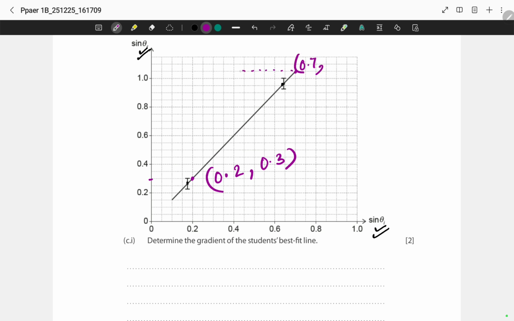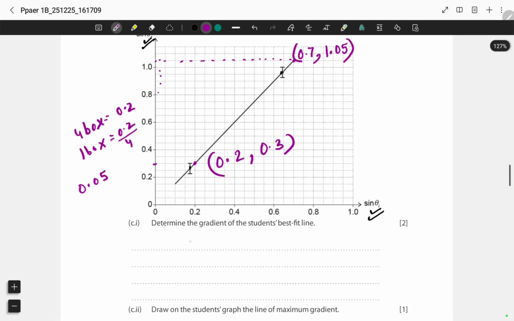To find this point's value, 4 boxes give you 0.2, so one box will be 0.2 divided by 4, which is 0.05. So this point is going to be 1.05. Now I have 2 points.